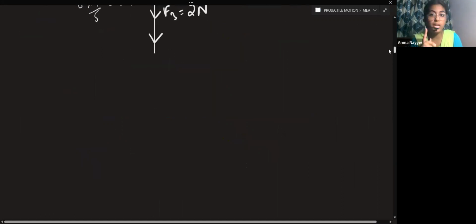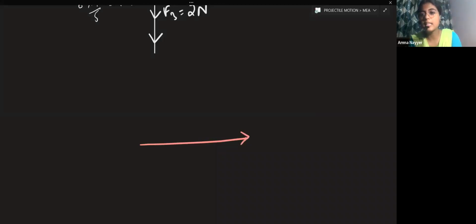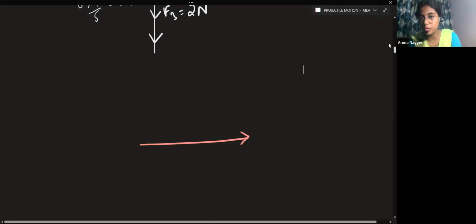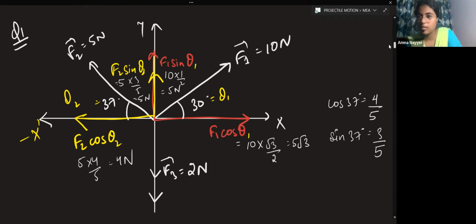Pay attention, and wherever you have not understood, please stop me and ask me to repeat, and I'll repeat it for you. This is your X-axis. Along the X-axis, what forces do we have? We have the cos component of F1 along the positive X-axis, F1 cos theta, a positive component whose value is 5 root 3 Newton.